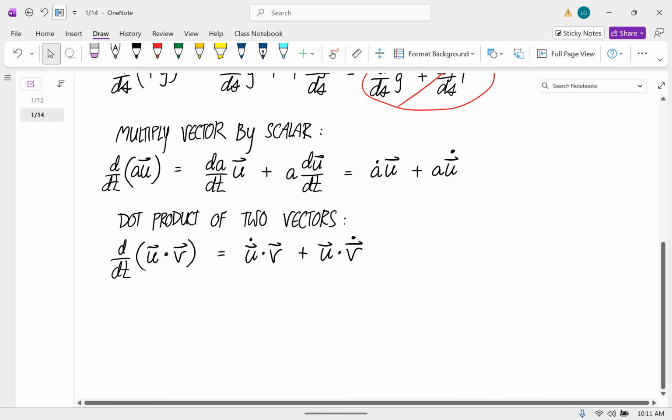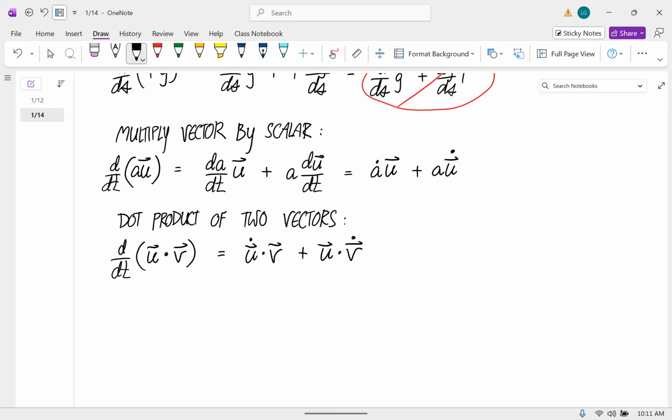And then the last one is the cross product. This is the one that we have to be careful about because order matters in the cross product.